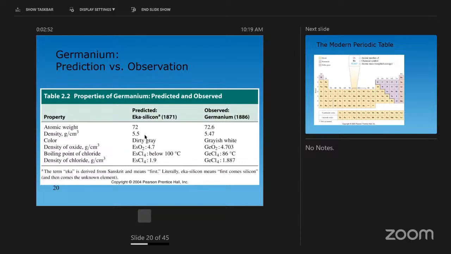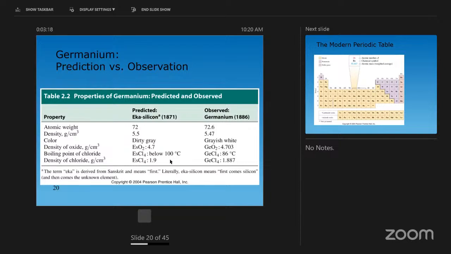If you look at these properties side by side, you see how those observe what was verified.